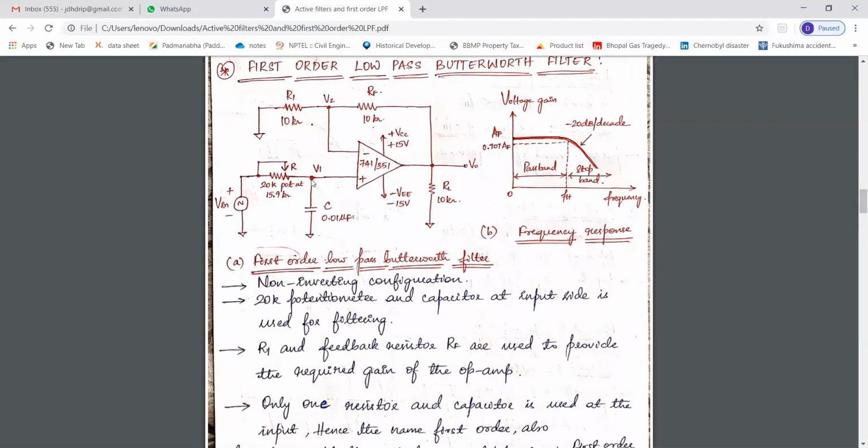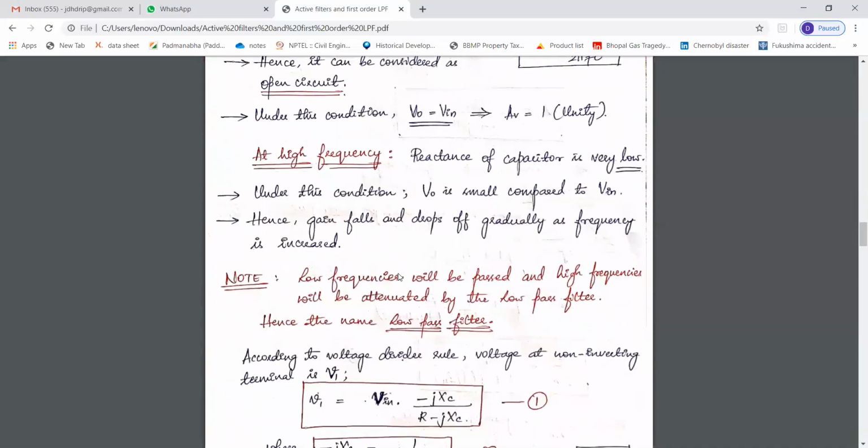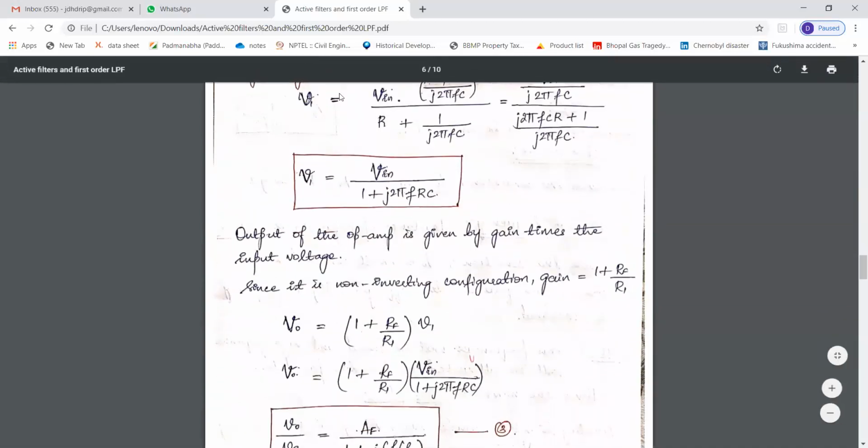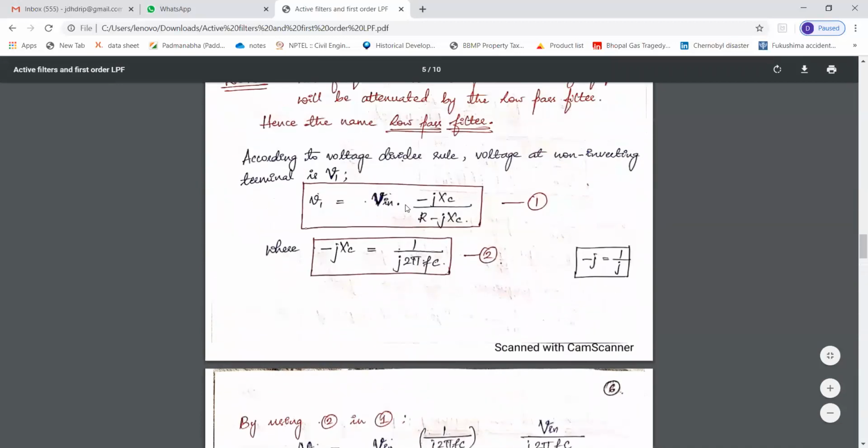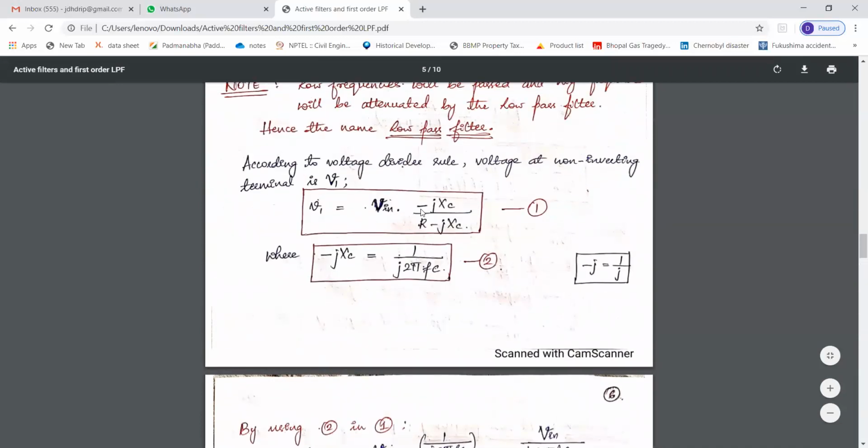Now this V1 is equal to the reactance of the capacitor, that is minus JXC, into the voltage across it, V in, divided by the resistance in this loop, given by R minus JXC. So V1 is given by V in into minus JXC by R minus JXC, where minus JXC can be written as follows.